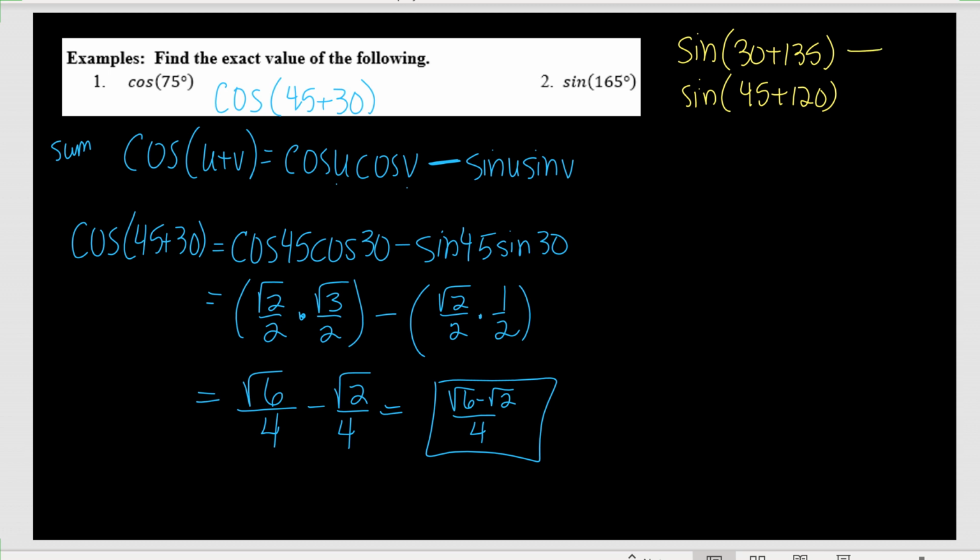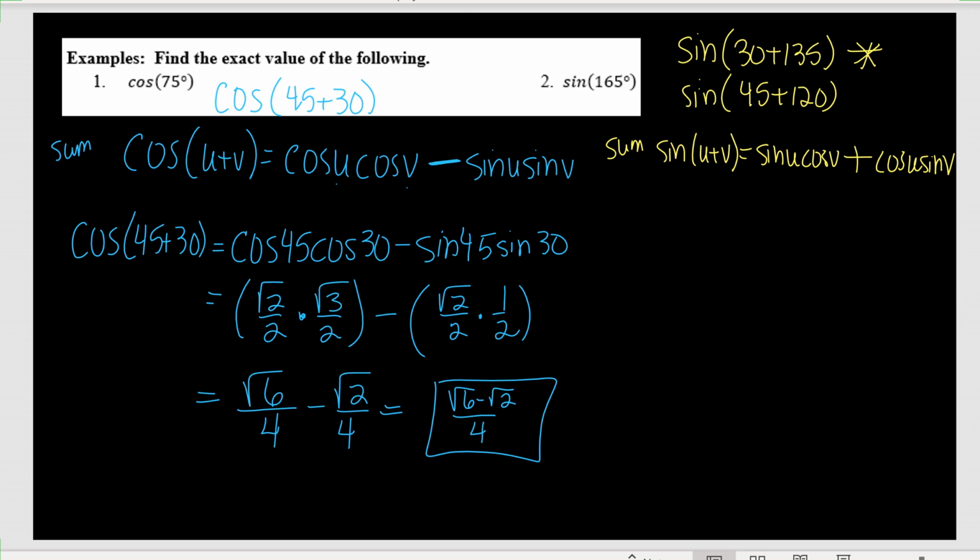And let's go ahead and do sine of 30 and sine of 135. So the sum of sines, sine of u plus v, is sine of the first multiplied by cosine of the second plus cosine of the first multiplied by sine of the second. And I had to squeeze that in. Sorry, that's super teeny tiny.